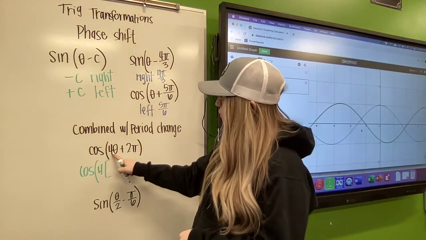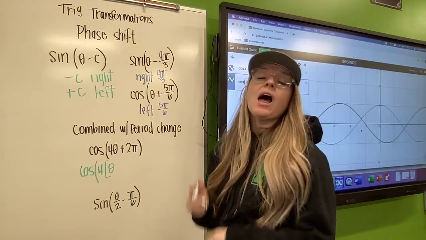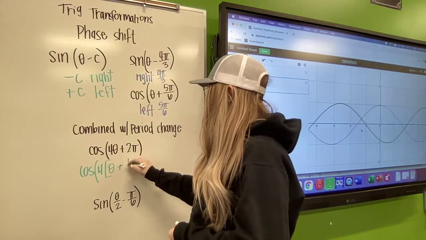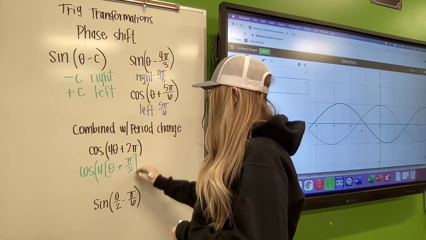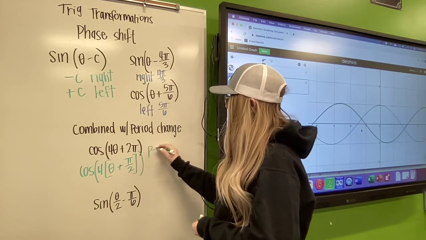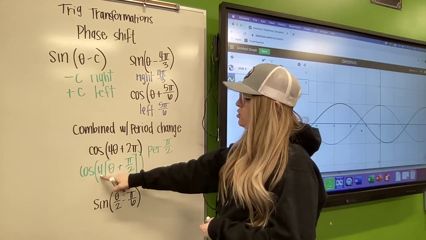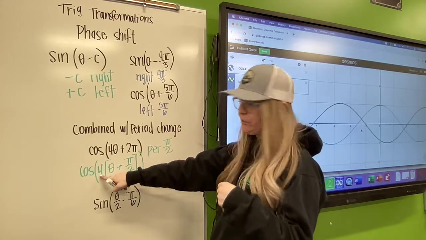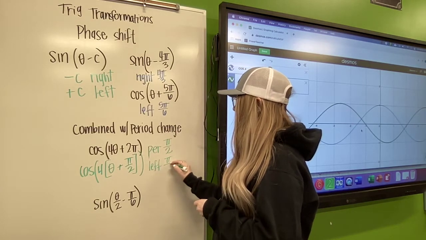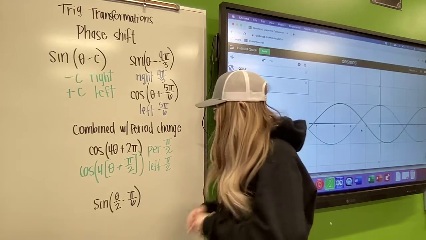When I factor that 4 off, that means 4 theta divided by 4, so I get theta. I'm also going to divide my 2 pi by 4, which gives me pi over 2. So what's really happening here is my period is now pi over 2, because 2 pi over 4 is pi over 2, and I'm going to see a shift to the left, pi over 2. Does that make sense?